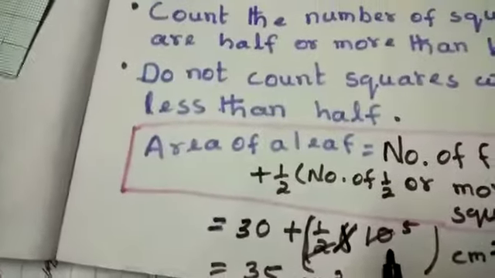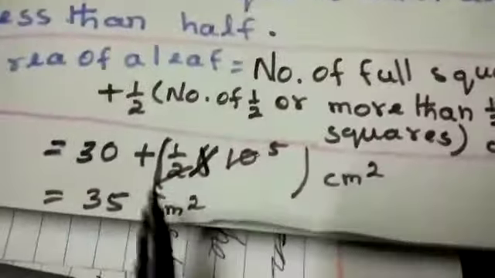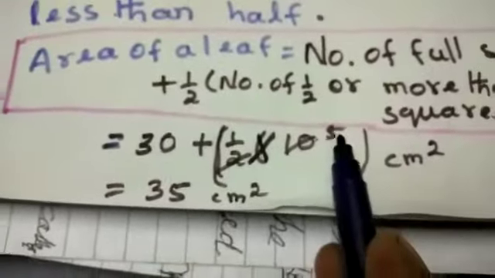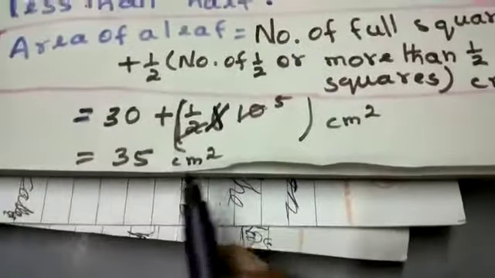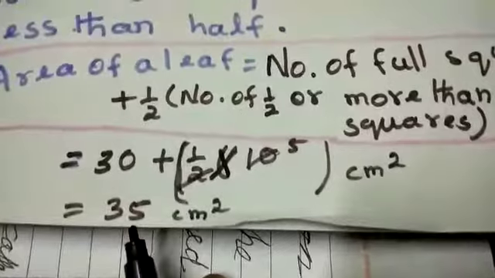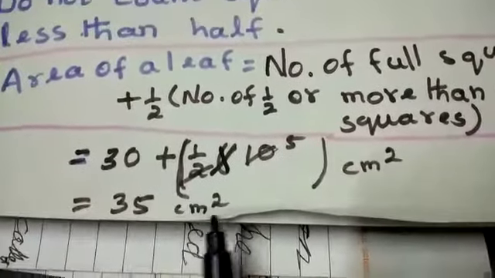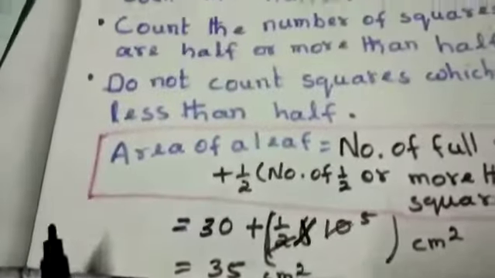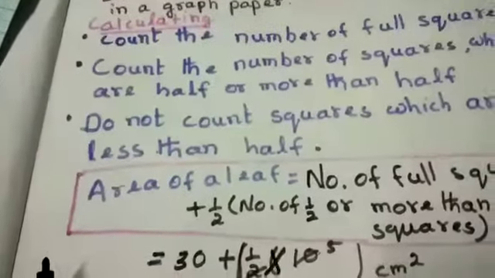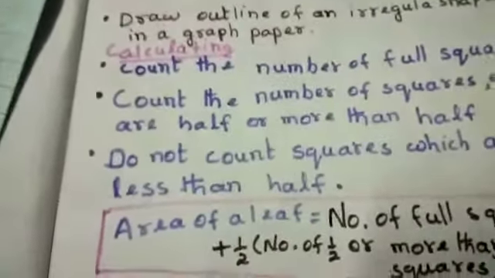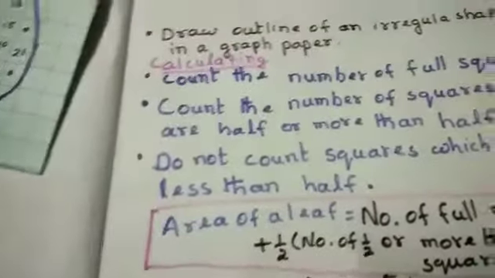So half into 10 cm square, that equals, 2 5s are 10, we cancel. Then 30 plus 5 equals 35 cm square. So like this we are able to calculate the area of an irregular shape by using a graph paper.